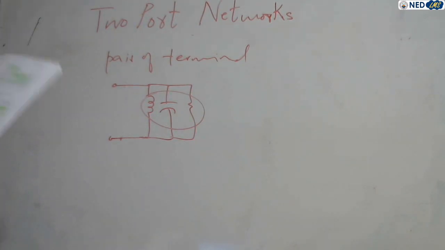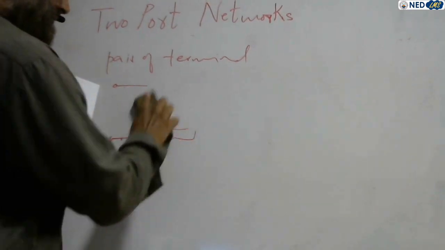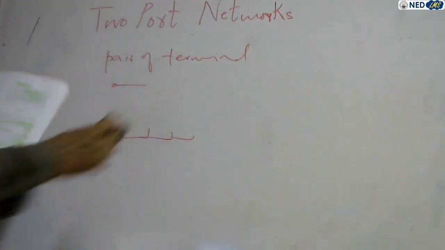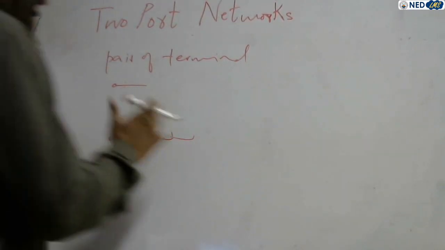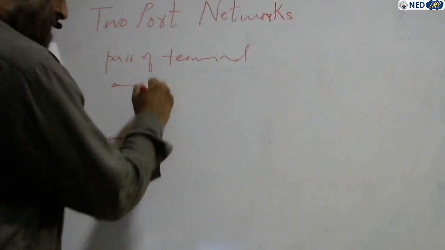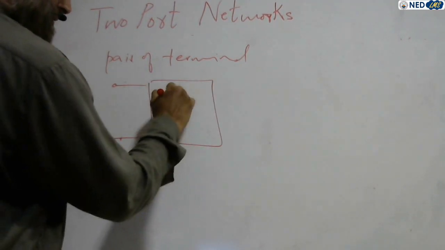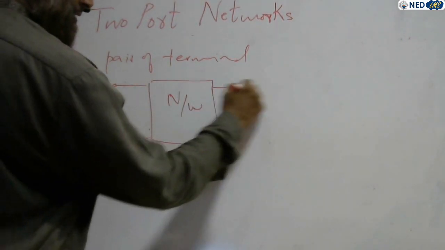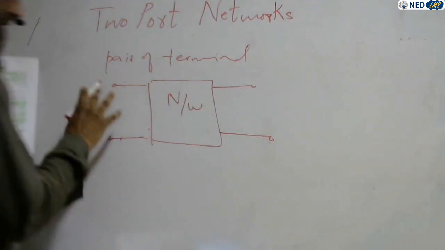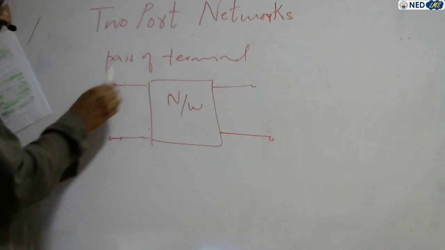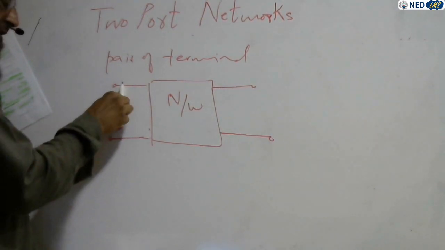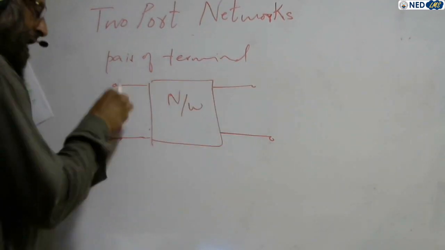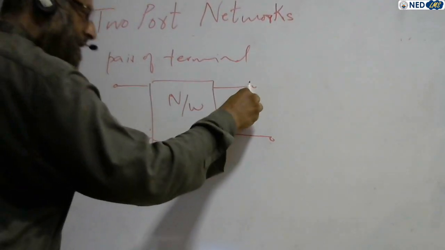Now, two port terminal. For example, this one is a network, and these are the terminals. See, two ports: pair of terminals, pair of terminals. Input pair of terminals, output pair of terminals.